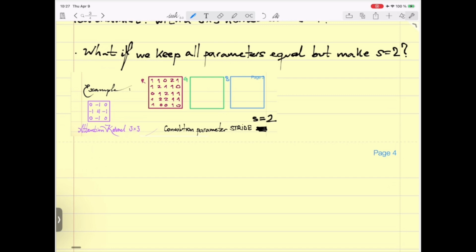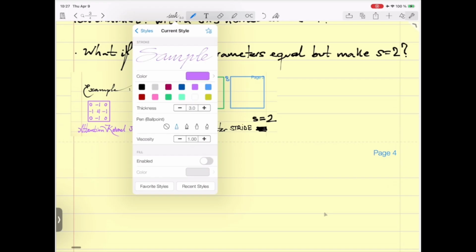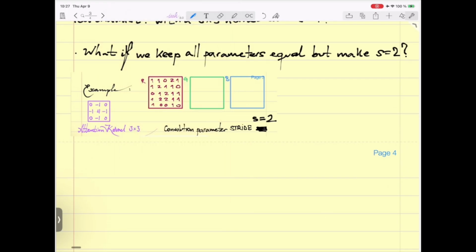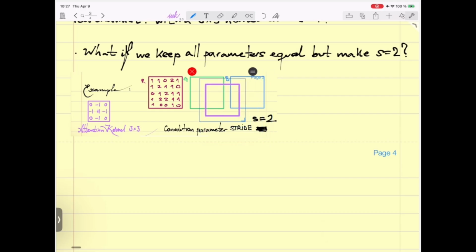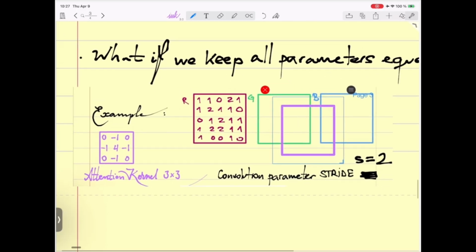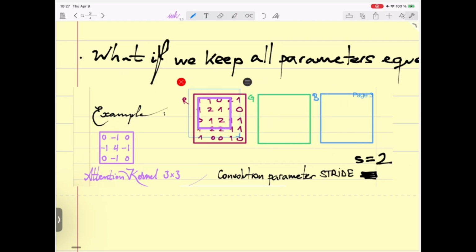So now what we get is this logic. We have a convolutional layer 3 by 3. Same as here.